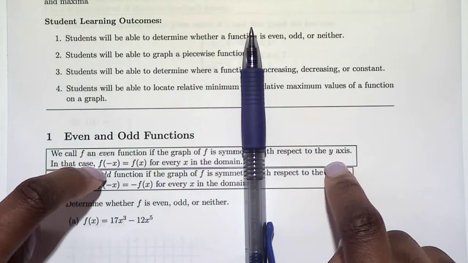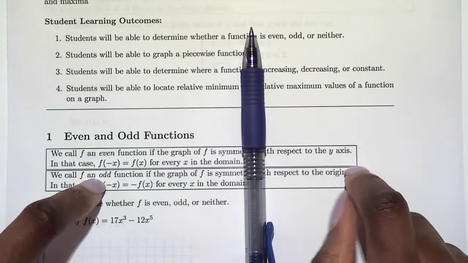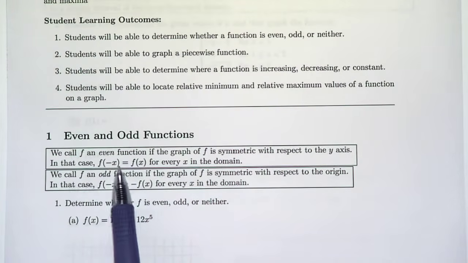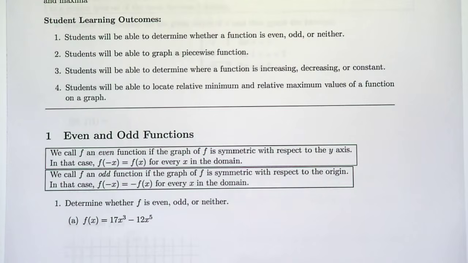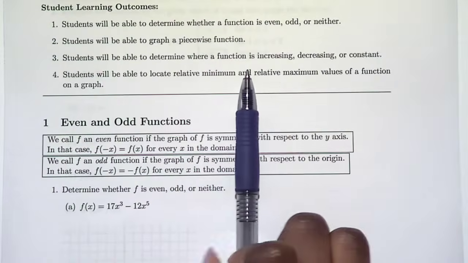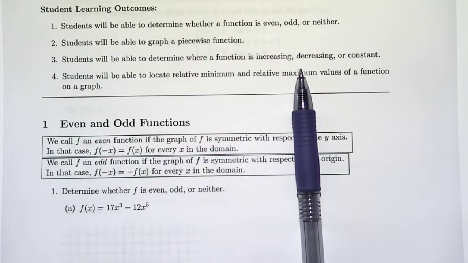So if we're symmetric about the y-axis, or even, our graph should look the same on both sides. So we want to make sure that these two are the same. And for odd, we want to make sure that things in opposite quadrants are the same.